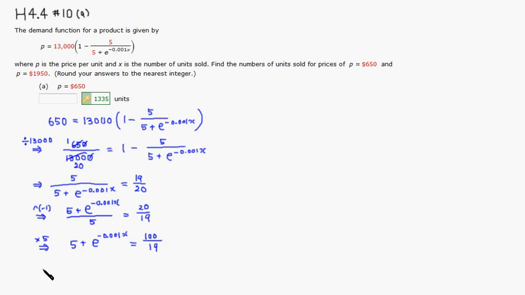The next step is to subtract 5 from both sides.